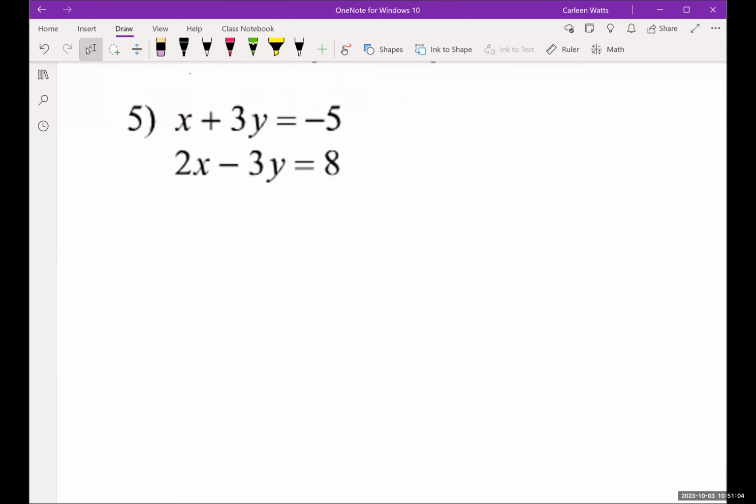Next step, add down. I'm going to put a 1 here, so I remember to add it. So what is 1x plus 2x? 3x. What is 3y plus -3y?